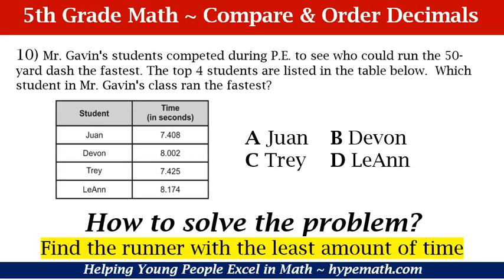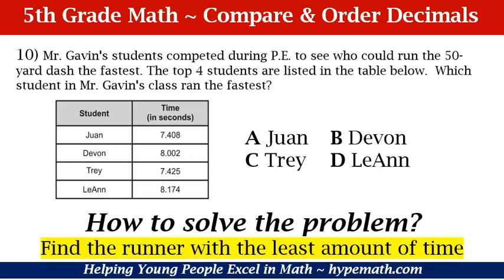We have to move right again to the hundreds place. When we are comparing and ordering decimals, we keep moving to the right through the place values until we get to a place value where the numbers are different. For this problem, it is the hundreds place. Juan has a 0 and Trey has a 2.